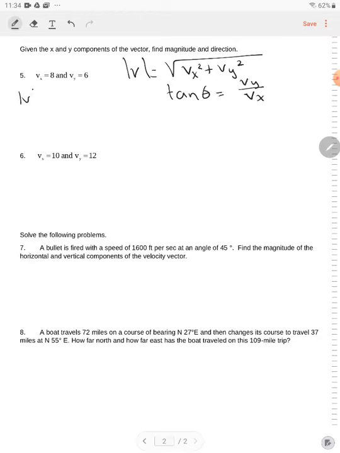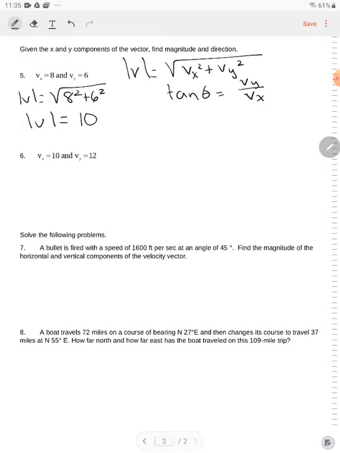So the magnitude of V is equal to the square root of 8 squared plus 6 squared. Not absolute value, magnitude. Let's see, 6 squared plus 8 squared is 100. So the square root of 100 we know is 10. So the magnitude is 10.